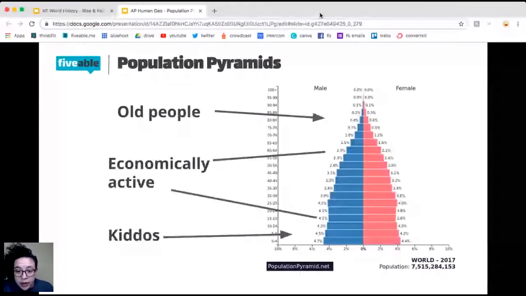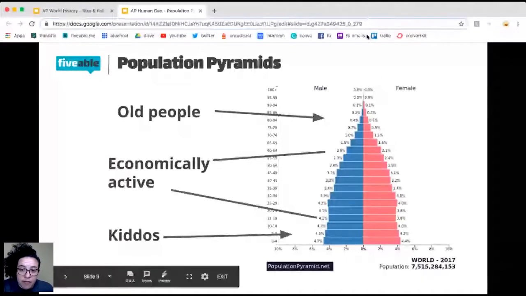These are the people who are taking care of the older generations and the younger generations. If you have a society where there are more people at the top and the bottom than there are working, that can be a problem. That's called the dependency ratio.